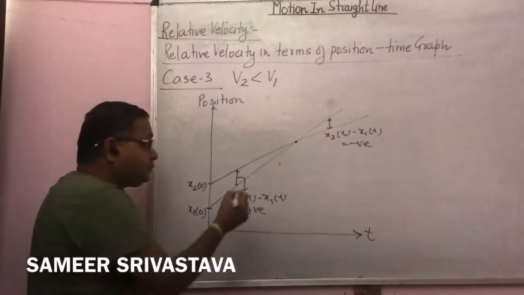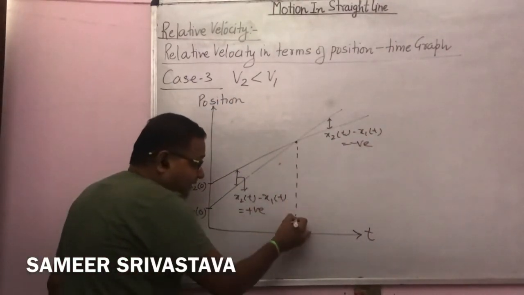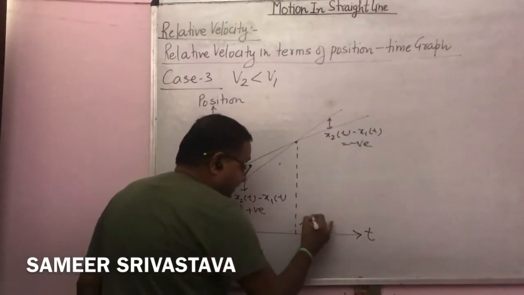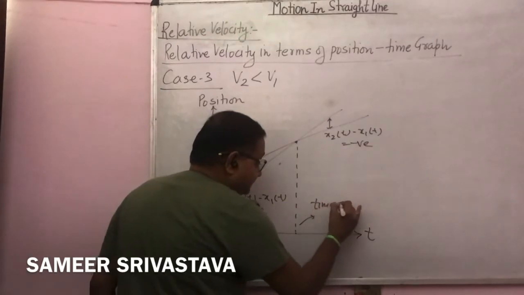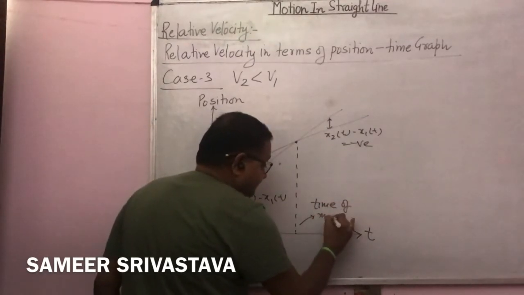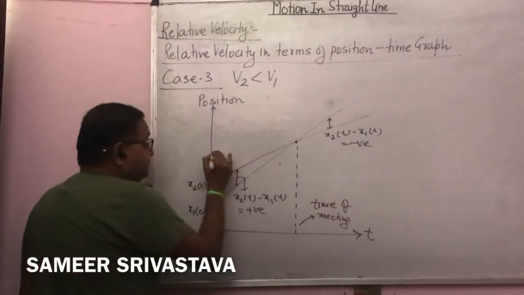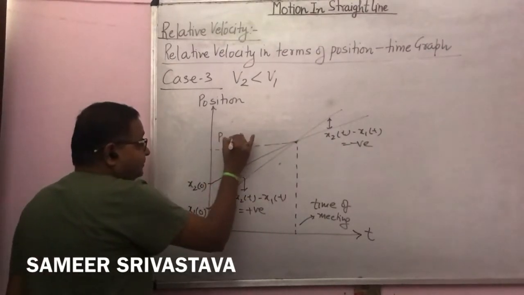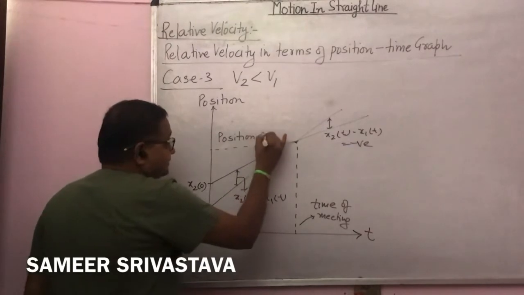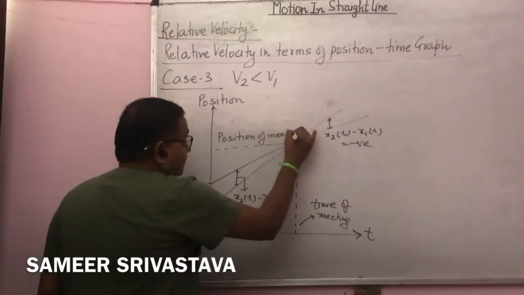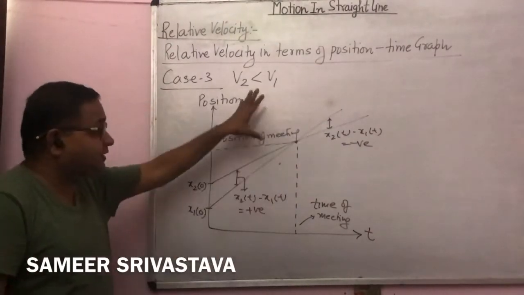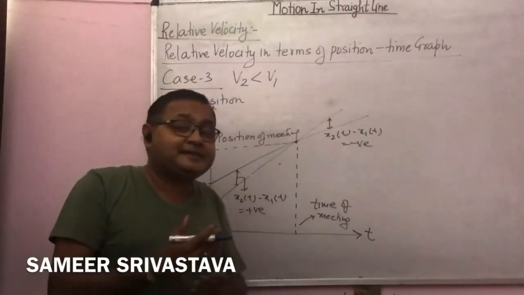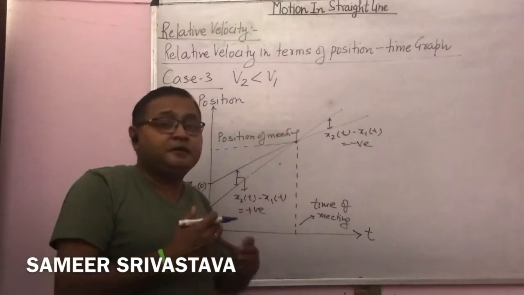This point is called the time of meeting, because this axis is time, and this point on the y-axis is called the position of meeting. Okay students, this is the graph for the third case, when the velocity of the second object decreases with respect to the velocity of the first object.